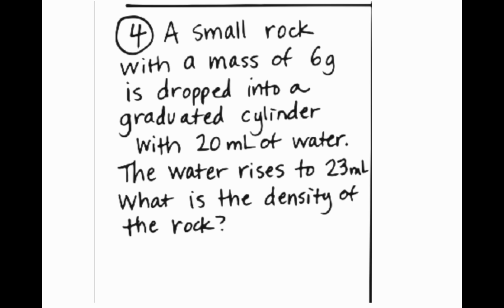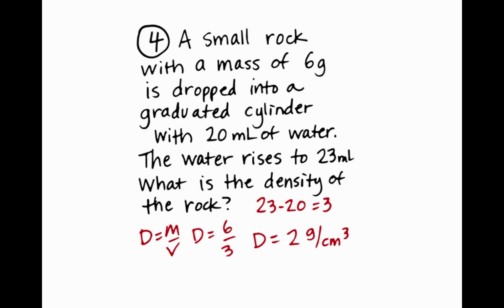And so we had an extra step here. So notice the 23 minus 20. And so we had to figure out the displacement first. So we end up with 3. And then we say 6, that's the grams, divided by 3. And so our density is going to be 2 grams per cubic centimeter.